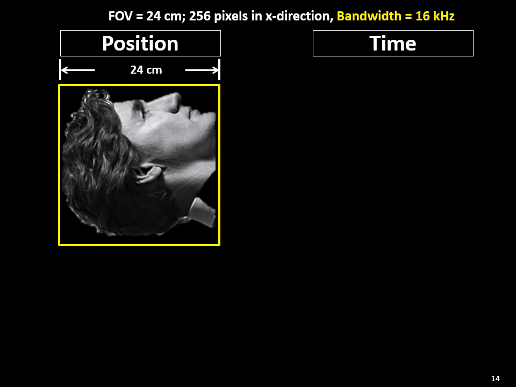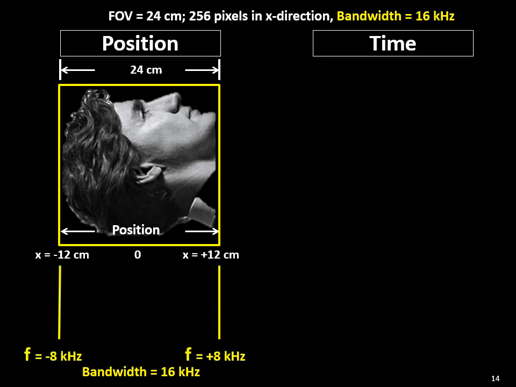Same field of view of 24 centimeters, same coordinate system, minus 12 at the left, plus 12 on the right-hand side of the image. Now we have a bandwidth of 16 kilohertz, so the frequency at the left side of the image will be minus 8 kilohertz with respect to the center, and on the right side of the image, plus 8 kilohertz with respect to the center.